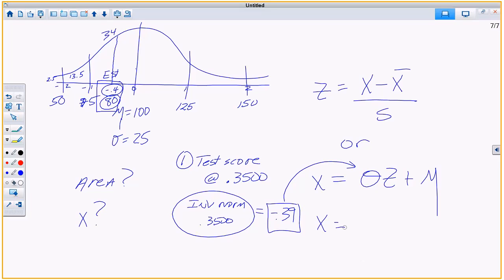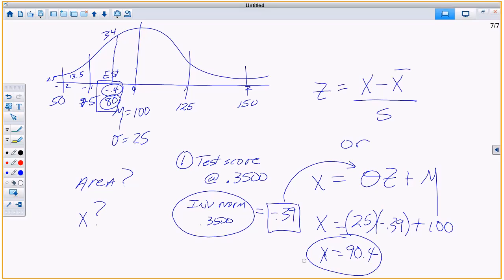X is equal to, what's our standard deviation? 25 times negative 0.39 plus what? Somebody crank that out for me. Do I know where it's going to be? I think it'll be around 80. If you come up with 127, then you know the answer your calculator is giving is wrong, because you did it by the empirical rule. So what did you come out with? 90.4. 90.4 is close enough. Everybody got 90.4?